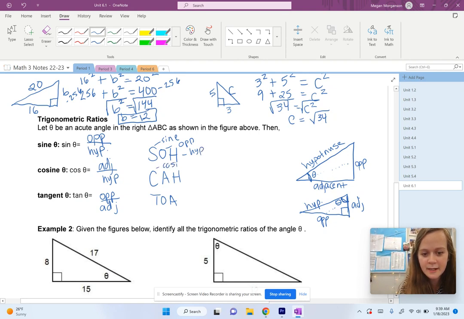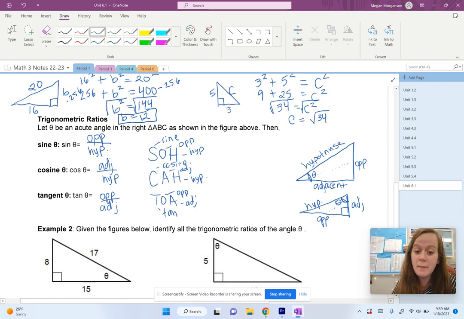CAH is cosine equals adjacent over hypotenuse. And TOA is tangent equals opposite over adjacent. So if you ever need to remember what sine is, what cosine is, and what tangent is, SOHCAHTOA is helpful.